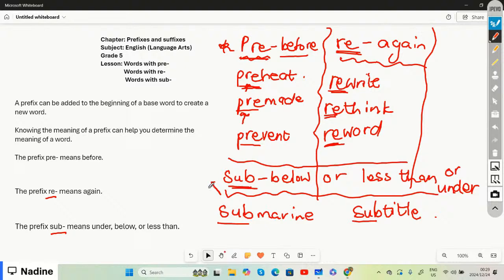And once again, the prefix sub, it either means under, it means below, or it means less than.